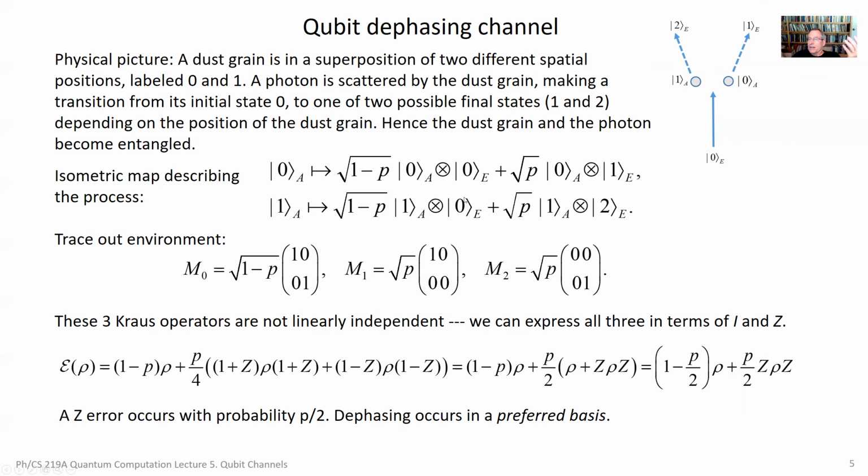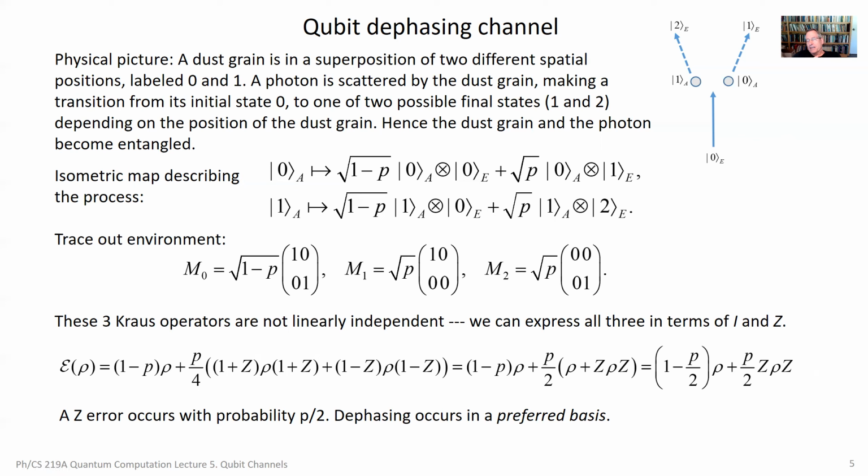So the unitary process in which the photon interacts with the dust grain is going to create an entangled state, potentially, of the dust grain and the photon. So we can describe that by a map. I'm calling it here an isometric map. That just means that it preserves inner products.